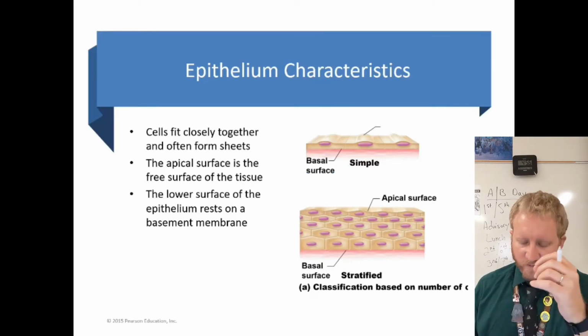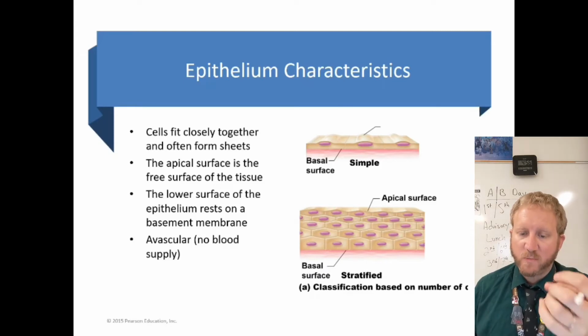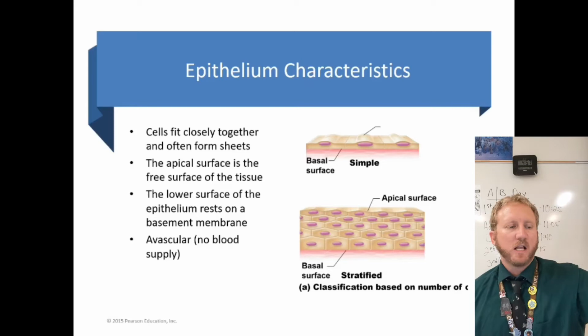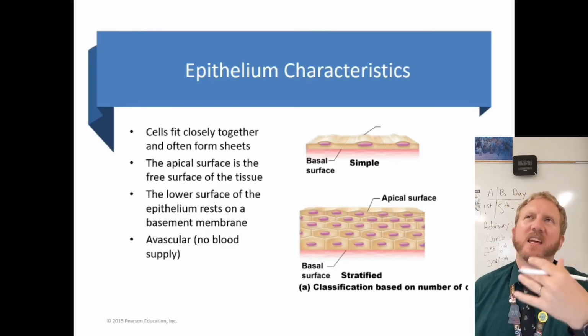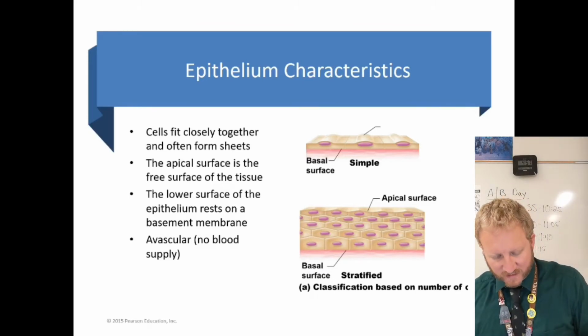They are avascular, which means they have no blood supply. So basically, they have to rely on simple diffusion through the cells in order for the cells to survive. And if you notice, they're all very tightly bound together right here.